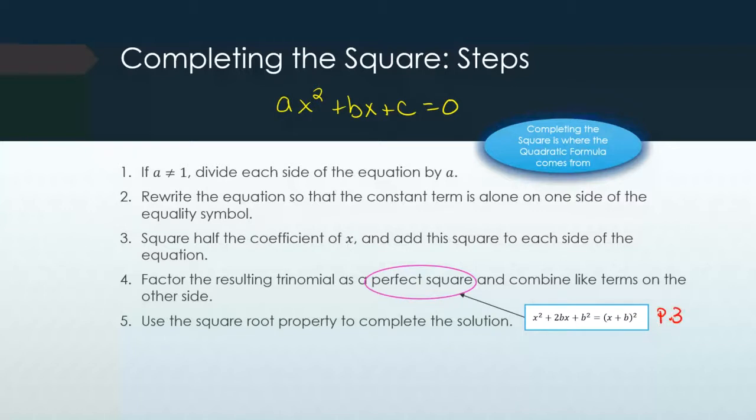If you have something that's x squared plus 2bx plus b squared, it factors to x plus b, quantity squared. And then that square root property in step 5, that's where you have something squared equals a number. Then when you take the square root, you get plus or minus the value of the square root.